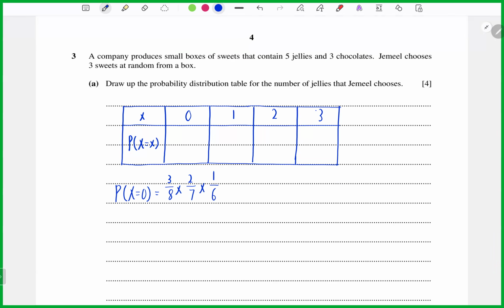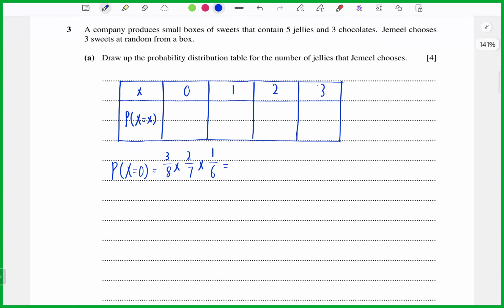Because these are dependent events. When you take out one, the number of sweets in the box will reduce. So you should consider dependent events here. So here you will get 1 over 56.